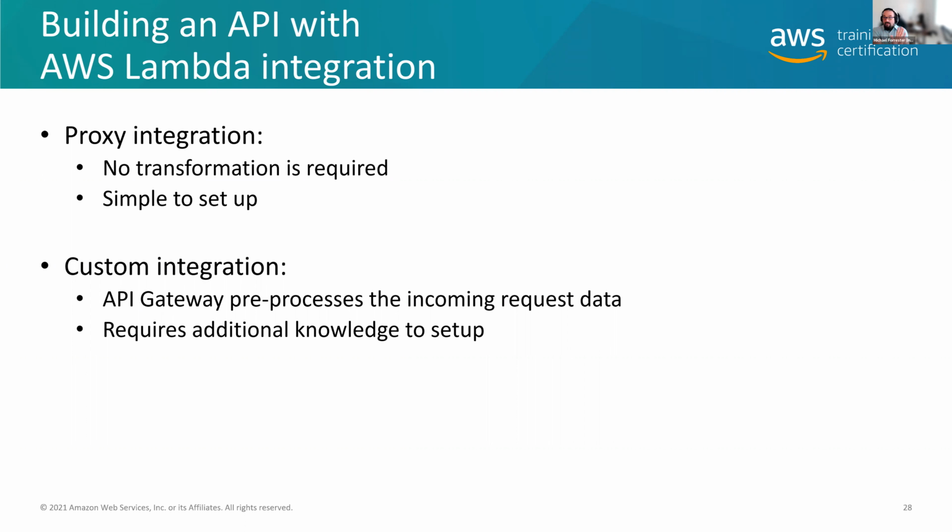The custom integration is difficult to set up and it's a legacy technology. A custom integration is not as flexible. The setup's more involved. You also have to specify how the incoming request data is mapped to the integration request, so data has been requested in, how does it map into the back end?